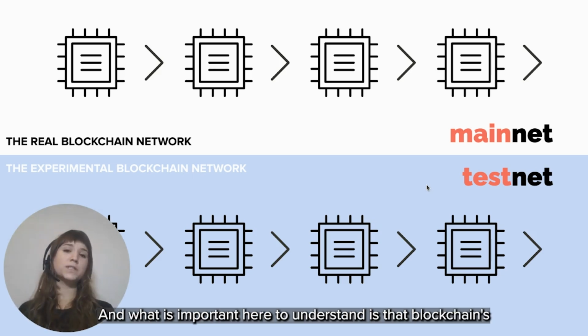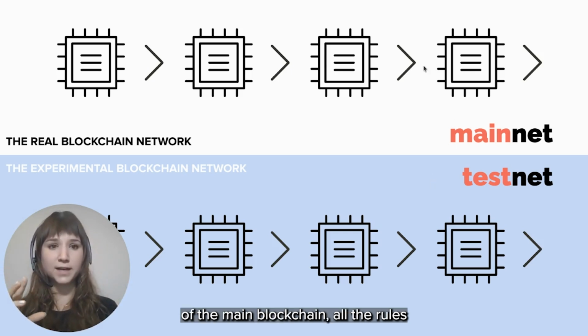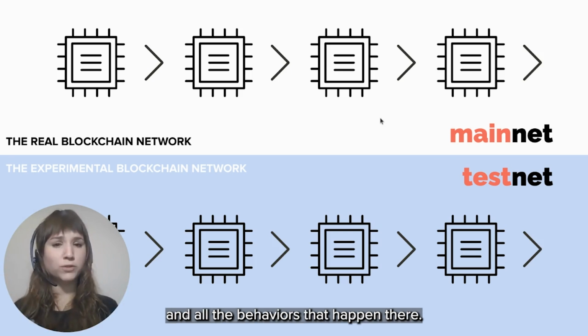What is important to understand here is that blockchains existing in the testnet most usually inherit all the characteristics of the main blockchain, all the rules and all the behaviors that happen there.